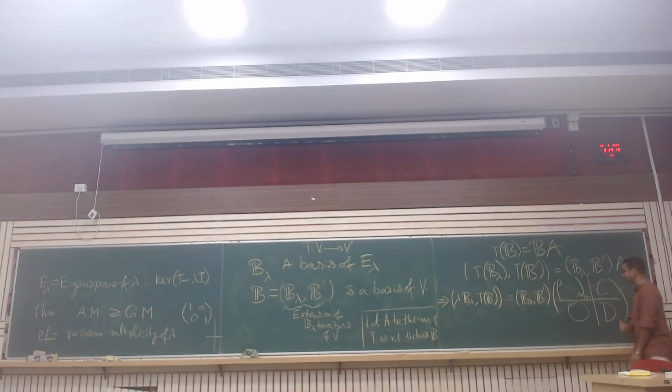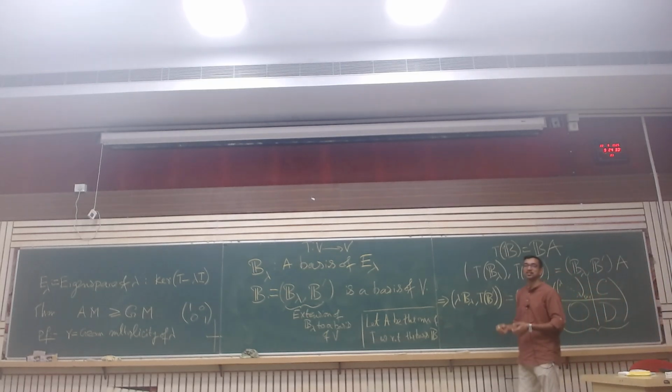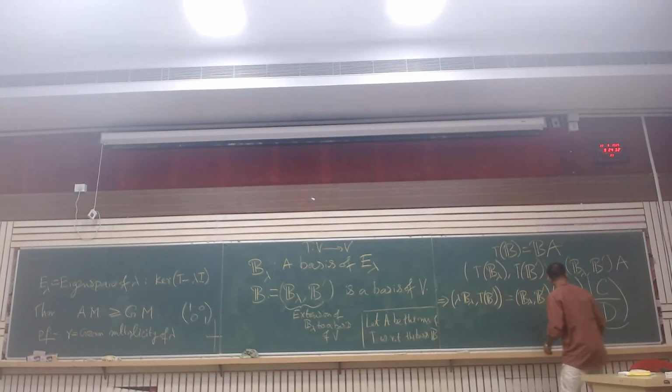Okay, all right. So this is the form of A, and since every vector is uniquely represented as a linear combination of basis vectors, this will give you the fact that this itself is equal to the matrix A. Okay.